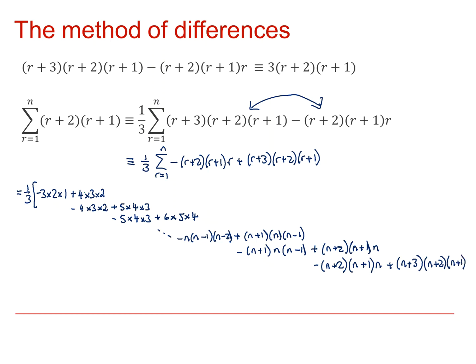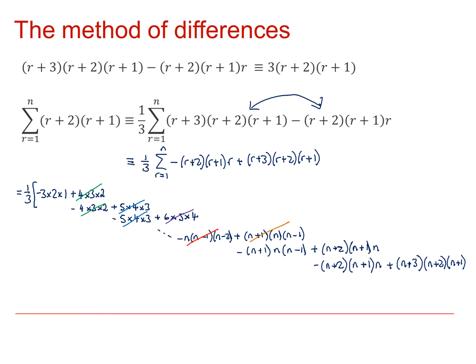And now we can cancel. So the plus 4 times 3 times 2 cancels with the minus 4 times 3 times 2. The plus 5 times 4 times 3 cancels with the minus 5 times 4 times 3. The plus 6 times 5 times 4 will cancel with a minus one later on. And this term will cancel with the one before it.